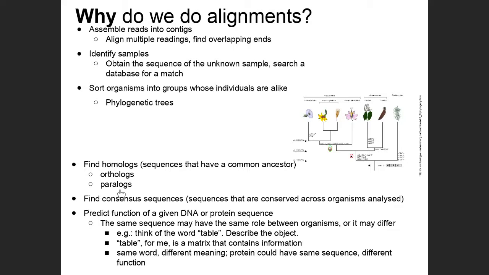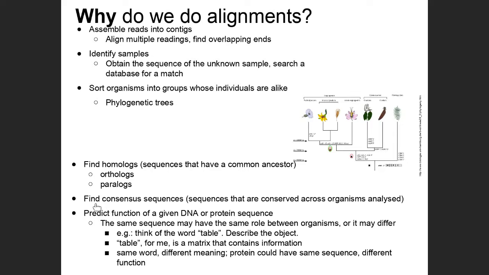That's why they're not exactly the same. But you could think of paralogs as a sequence that appears in parallel within the same genome. So in that organism, there is a duplication of that sequence, which may have undergone so many mutations that they do similar but not exactly the same function.